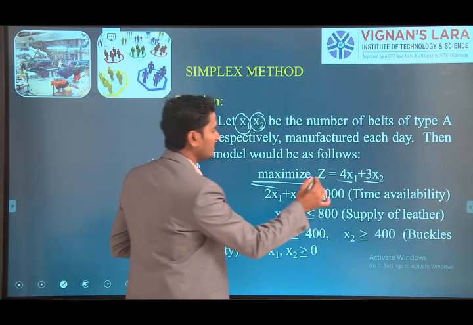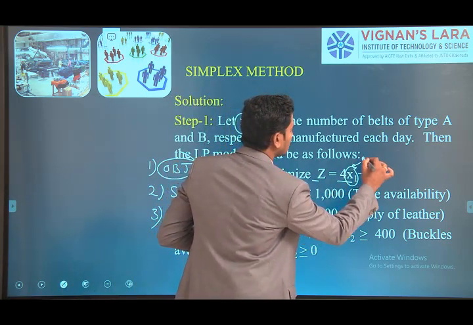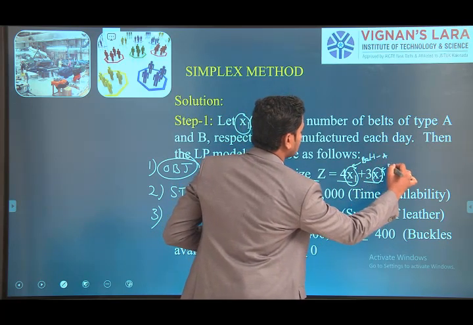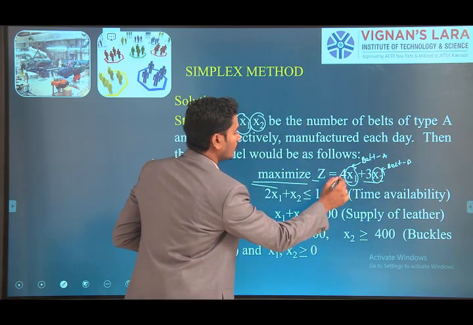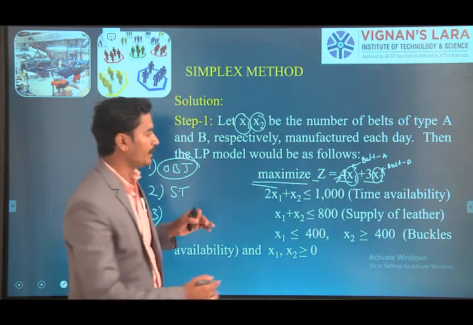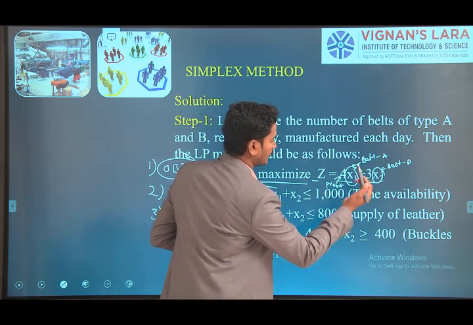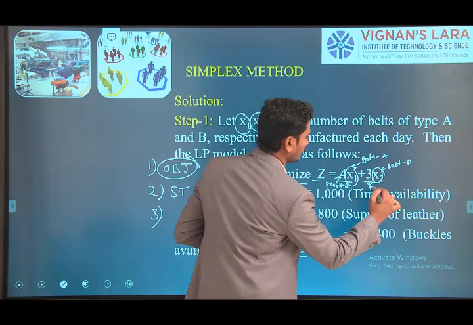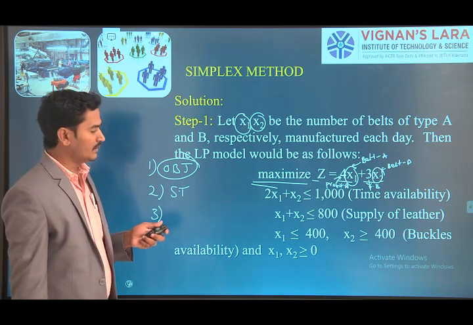What is x1 here? Belt A. What is x2? Belt B. Here the 4 is the profit of belt A, and the 3 is the profit of belt B.